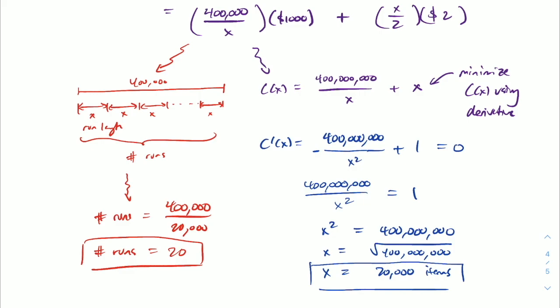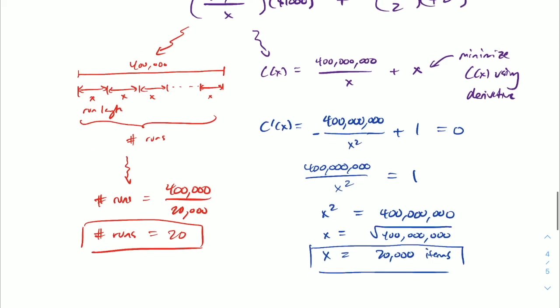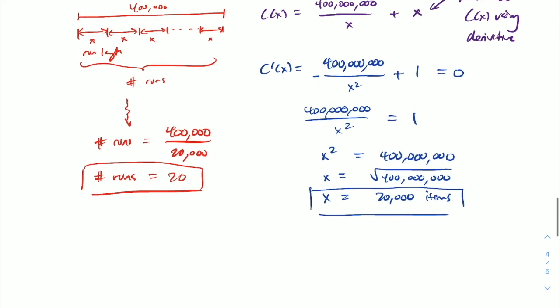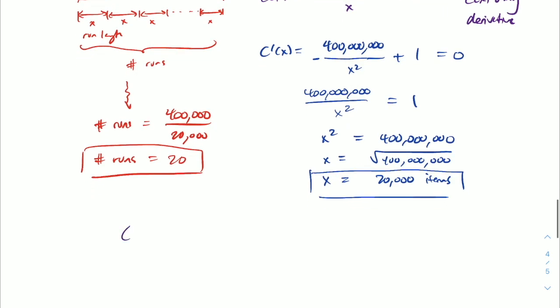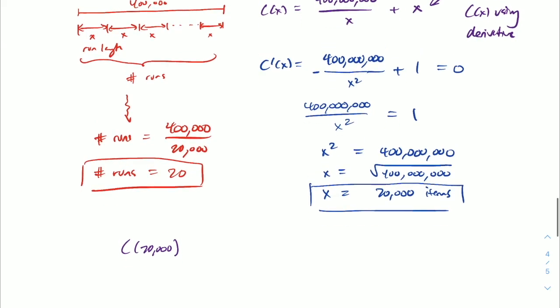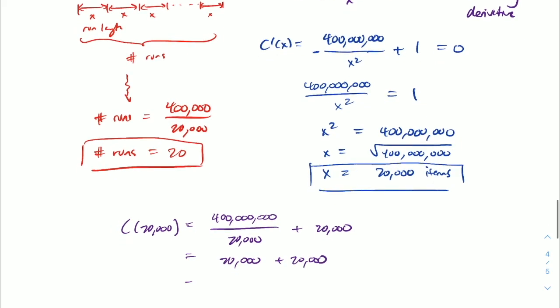Let's plug this back into our cost function and see what our minimal cost is going to be. So cost of this 20,000 length runs is going to be 400 million divided by 20,000 plus 20,000, which is 20,000 plus 20,000, which is 40,000.